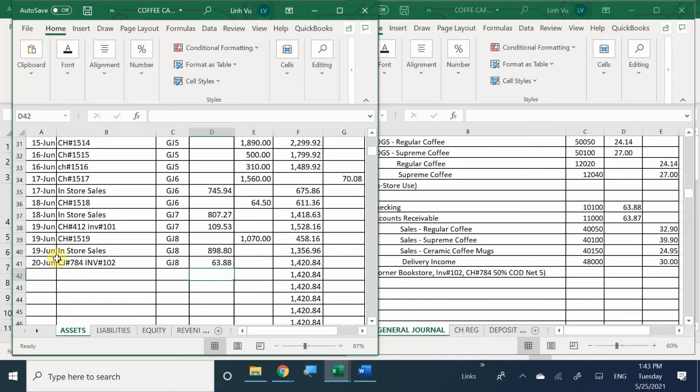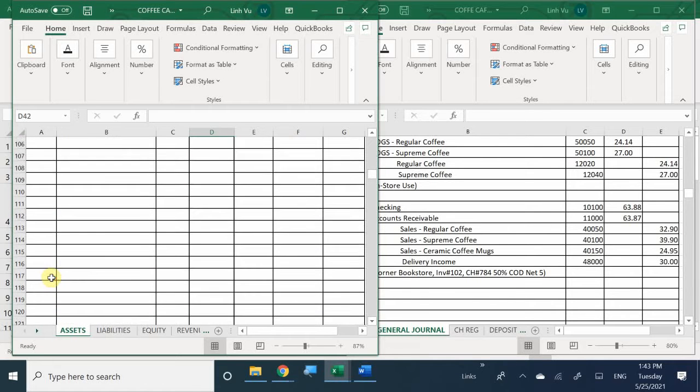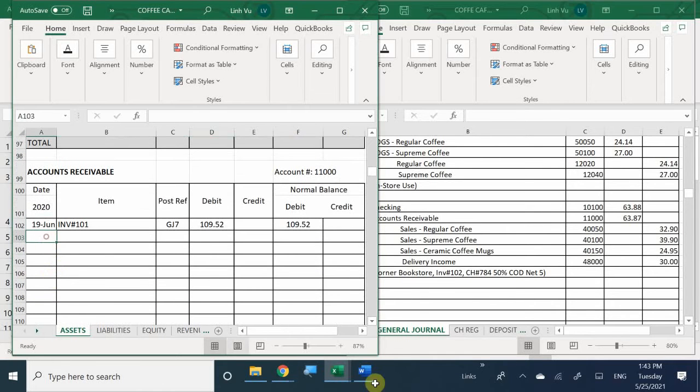Then you want to go to accounts receivable. Here we are. 20th June, invoice 102, GJ8 for a debit of 63.87. That should give a running balance of 173.39.